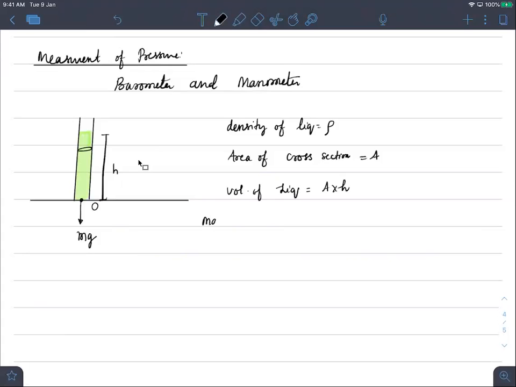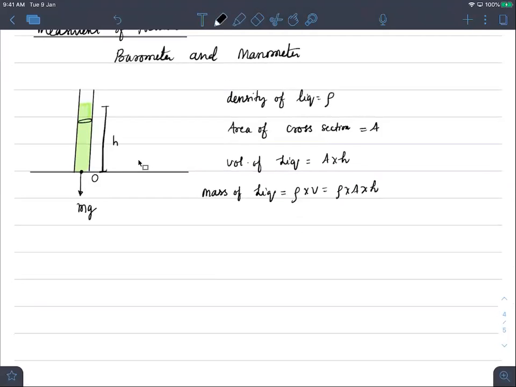Then what will be the mass of liquid present in it? It will be rho into volume, which is equal to rho into A into h. So this is the mass of the liquid present in it.